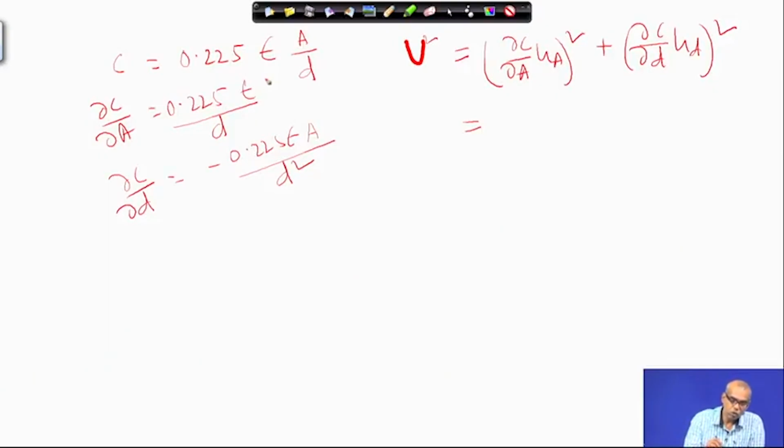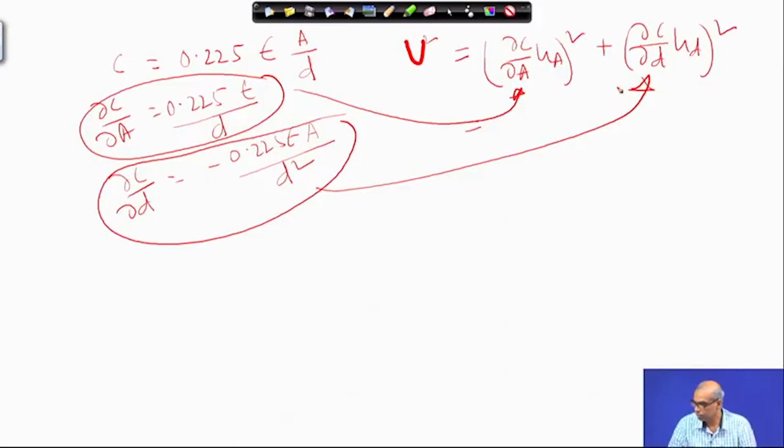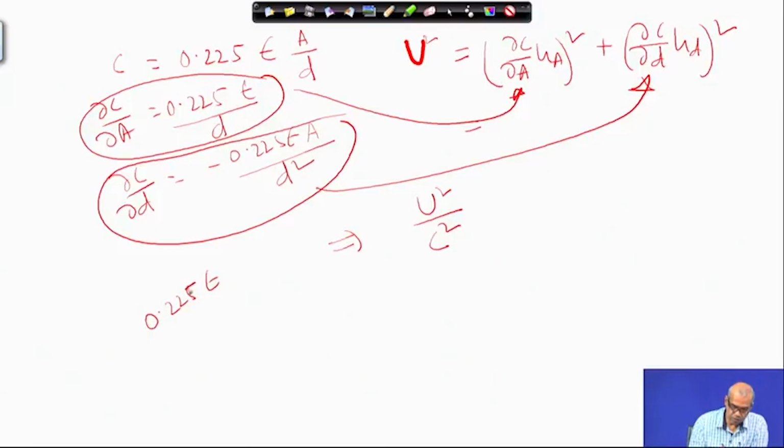So, you put these quantities here. After you do that, you divide this equation by C square. That means you divide both sides of this equation by 0.225 epsilon A by D square.